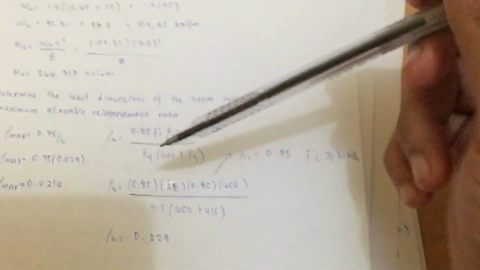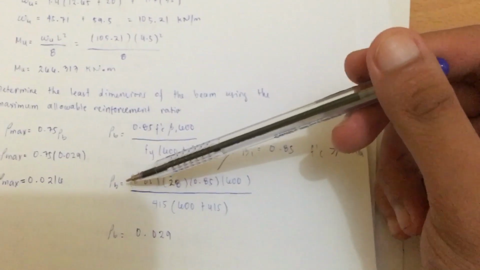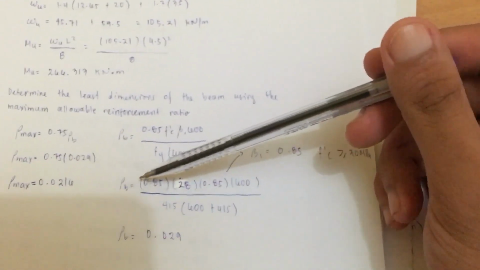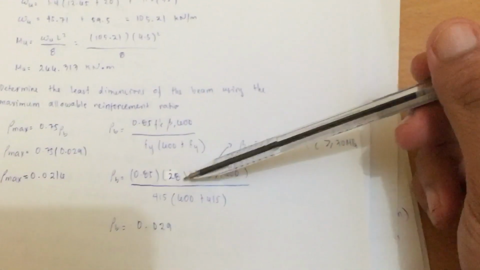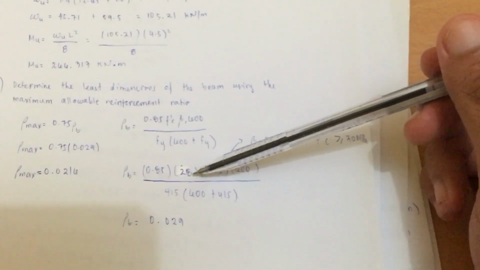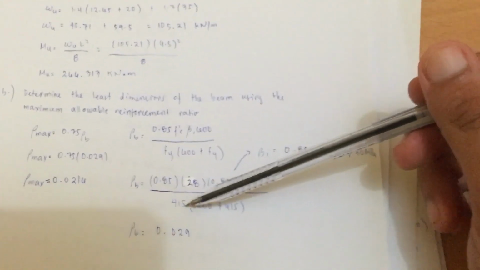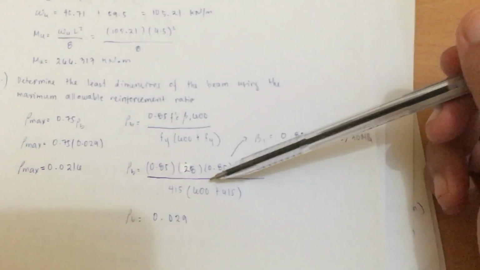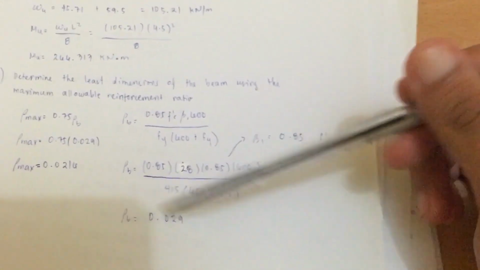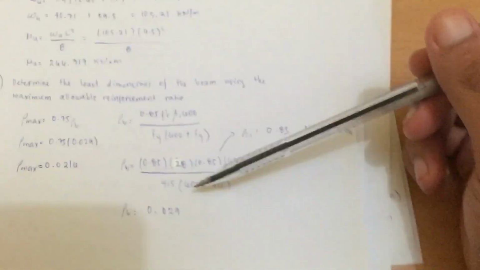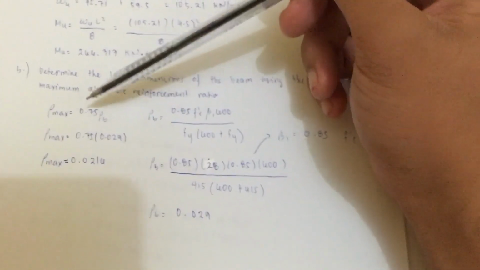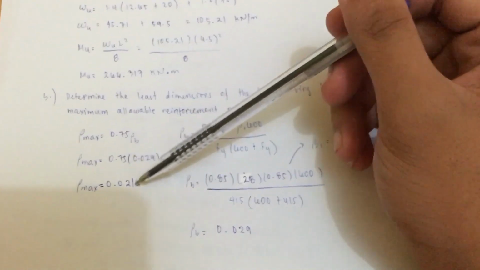So substitute. The balanced steel reinforcement ratio is equal to 0.85 times 28, which is your F prime C, times 0.85 times 600 over 415, which is your Fy, times 600 plus 415, which is equal to 0.029. And to substitute this one, we'll get the value of the maximum steel reinforcement ratio, which is 0.0216.